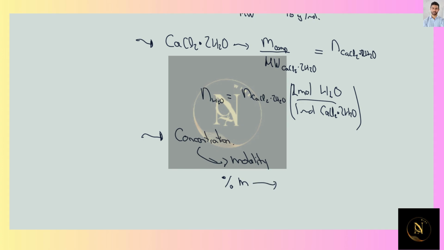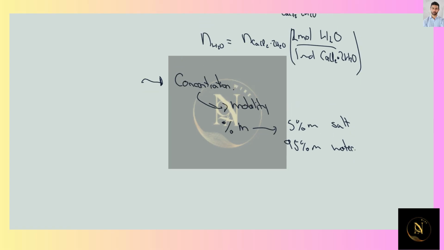So let's say that we have a sample that has 5% mass of a certain salt, and the rest corresponds to water. So you're going to have 95% of the mass corresponding to water. What you would do is multiply the mass of the sample times 0.95.